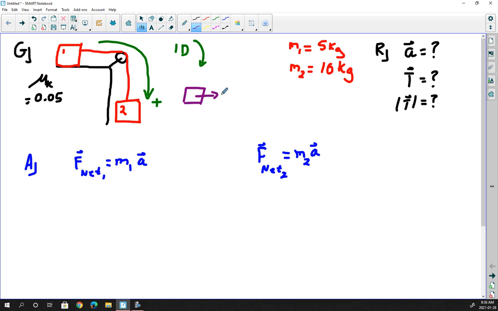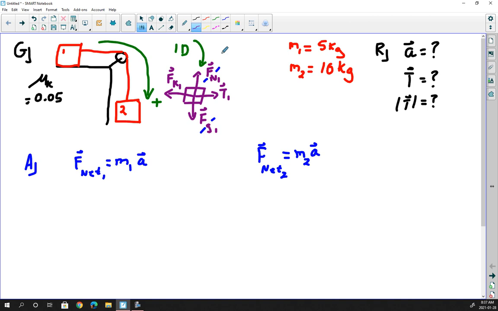So let's say here we've got tension 1. We've got the normal force on object number 1, the force of gravity on object number 1, and the force of kinetic friction on object number 1. Since this is a completely horizontal situation for object 1, the normal force and the force of gravity will cancel out.